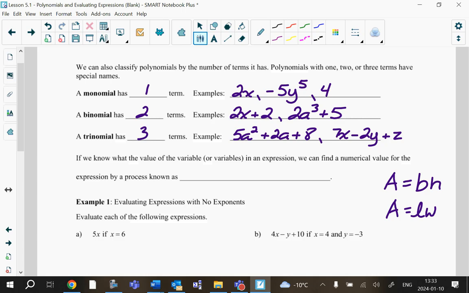Side times 4. So perimeter could be, writing it in proper algebra, we don't write S4. We always write the number first, so we would write 4S. Exactly. These are polynomials. You've been using these things all along. And why do we use these things? To calculate. And how do we use them? Well, we plug in the numbers we're given and we calculate. That whole process of plugging in the numbers and calculating is called substitution.